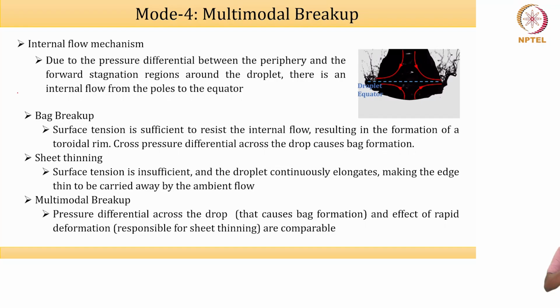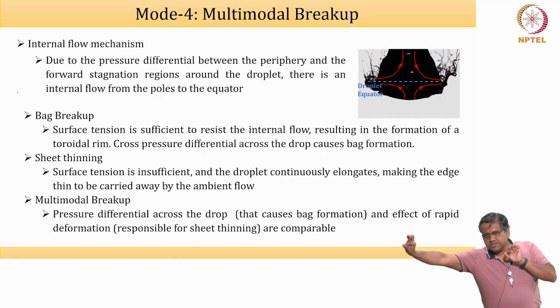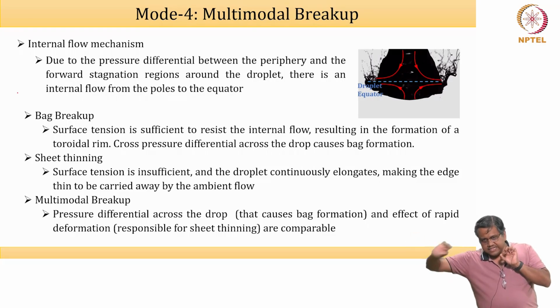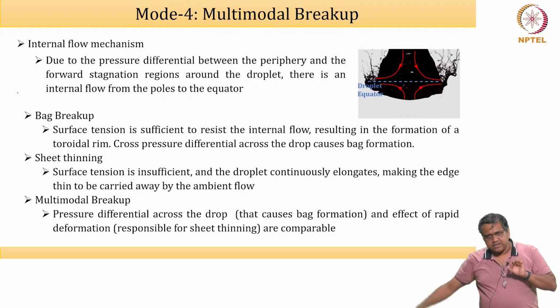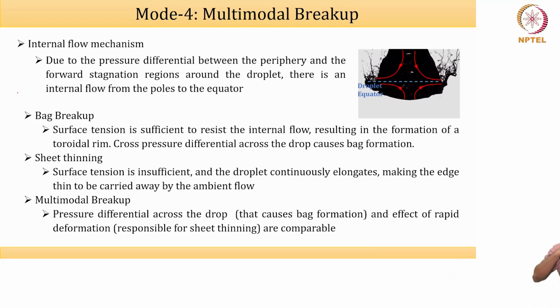Because of the flow, there is a squeezing out, and that leads to the formation of the thin film and all the fingers and everything. So that is also another mechanism that is typically used to explain some of this phenomena.